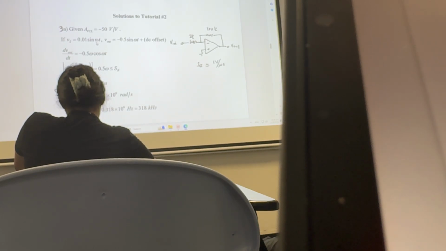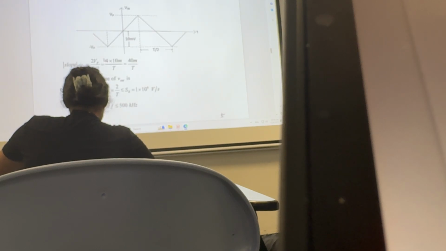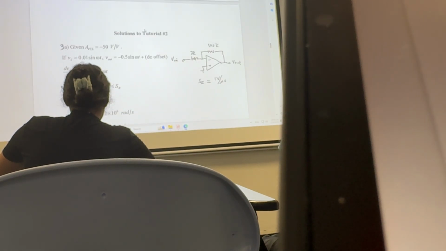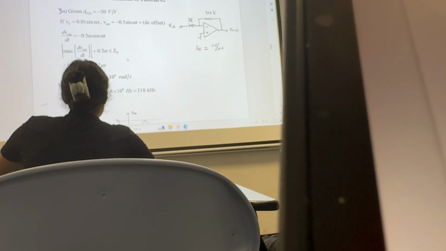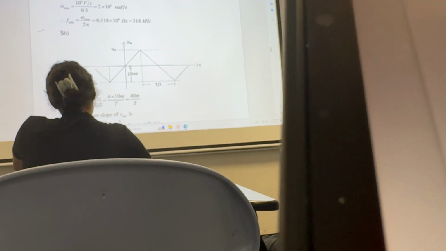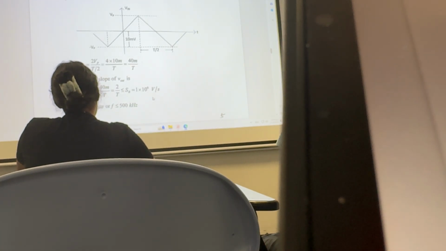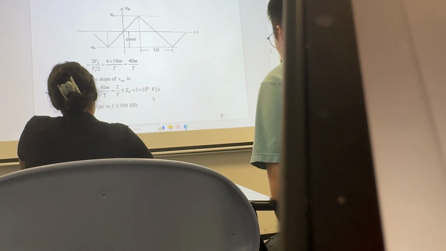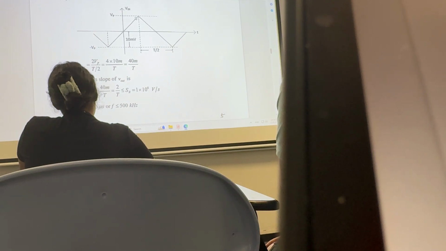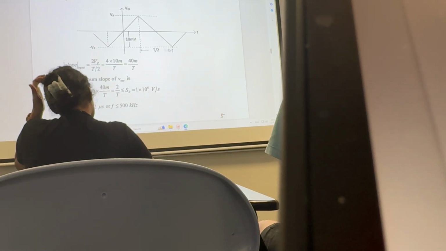The next effect is to calculate the triangle waveform. This is a triangle waveform. Here is a 10 millivolt peak on the sine wave. Here is a 10 millivolt peak on the triangle. Okay? We can see the triangle input, right? 10 millivolt peak. And you know that the slope is here. The slope is 20 millivolt peak over T over 2, right?